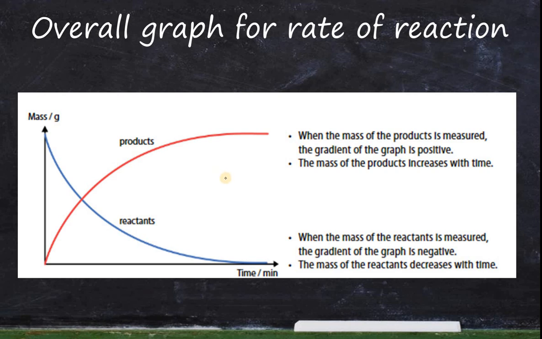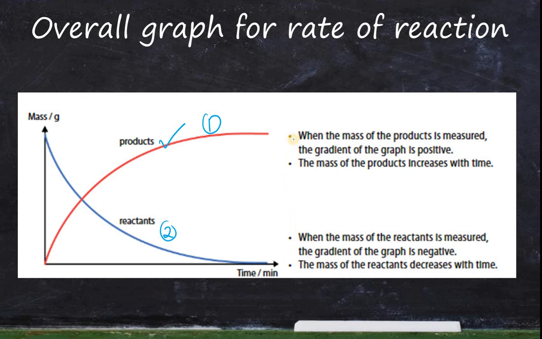So overall, what we have learned is that we can plot the rate of reaction in two ways. You can plot the increase of the product, like graph number 1, or you can show the rate of reaction in terms of the reactant, where the mass of reactant is decreasing. Now here we have to mention two points.